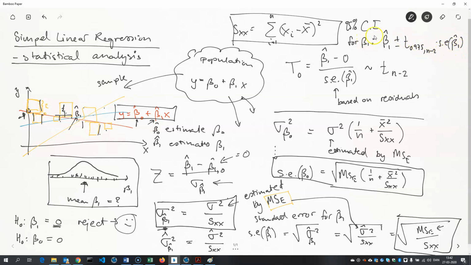And that gives us a 95% confidence interval for beta 1. So that gives us the true value of beta 1, or in another way to put it, the true value of beta 1 is in this interval with 95% confidence.